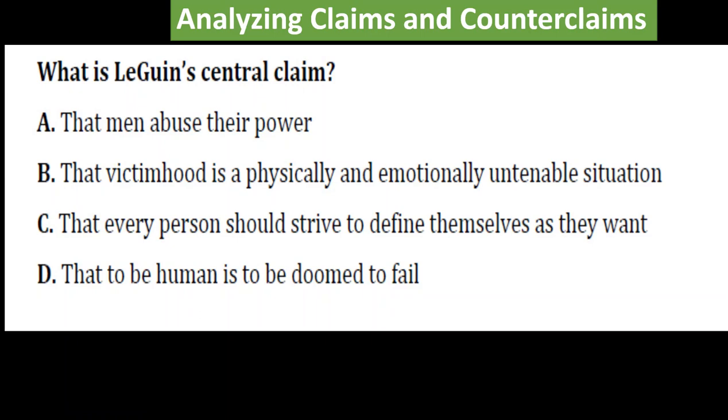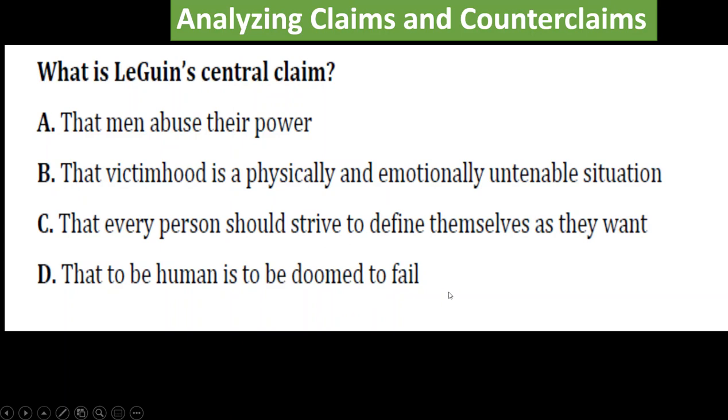So the question asks about the central claim of Le Guin, either that men abuse their power, or that victimhood is a physically and emotionally untenable situation, that every person should strive to define themselves as they want, or that to be human is to be doomed to fail.